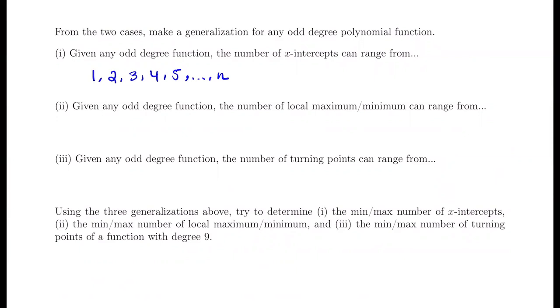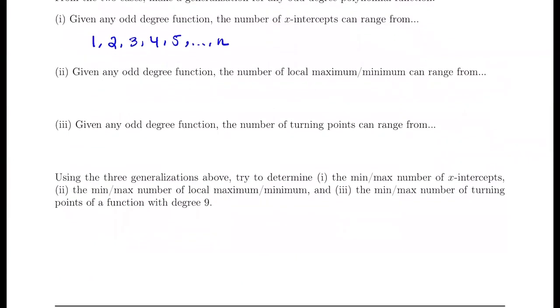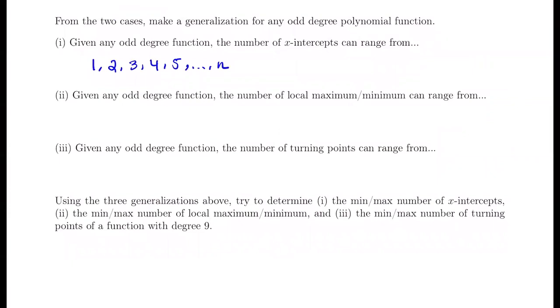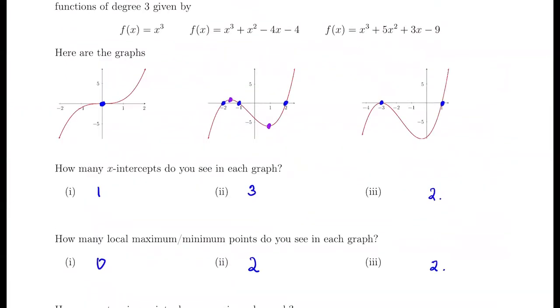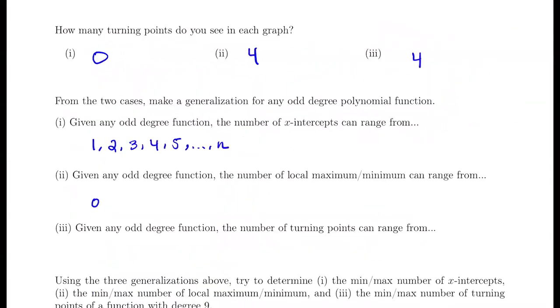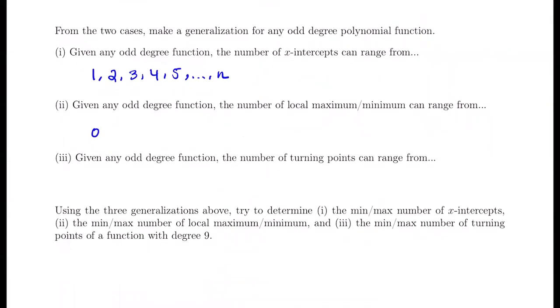Okay, so for the second one, let's say we're given an odd degree function, then the number of local maximum and minimum can range from 0. It could start from 0 because based on what we have from x to the 5th, x cubed, or even the linear function as well, there's going to be no local maximums or minimums. And we could also have 1 minimum or maximum. And then we could also have 2 and so on, all the way to n minus 1.